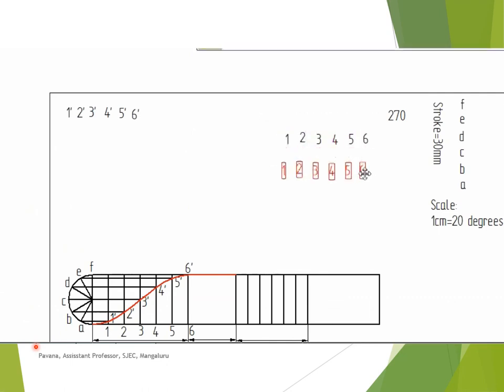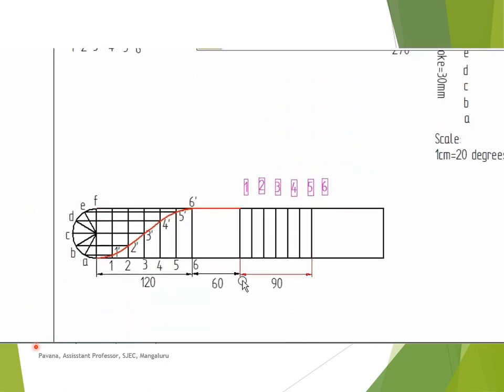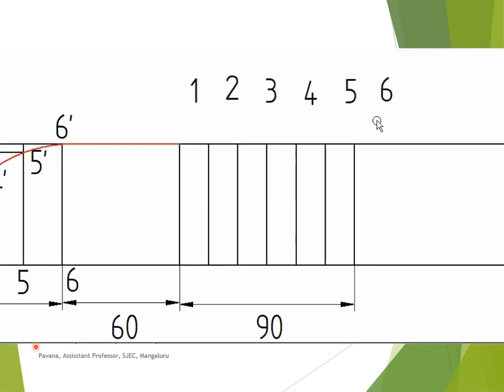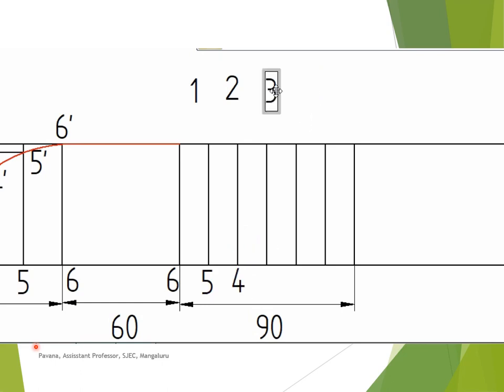We have to name it in reverse order, not 1 2 3 but 6 5 4 3 2 1. So the first point will be 6 here, next 5, because it is returning. The follower is at the topmost position, so it has to come back. Then 2, 1, and the last one is 0.